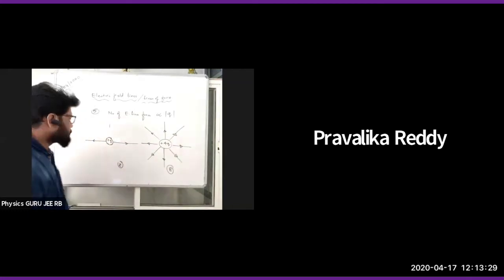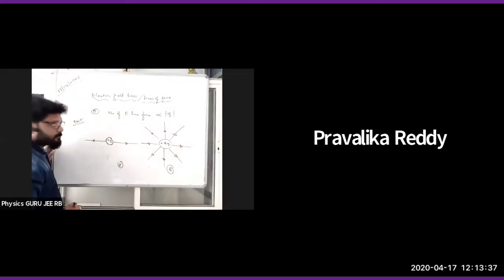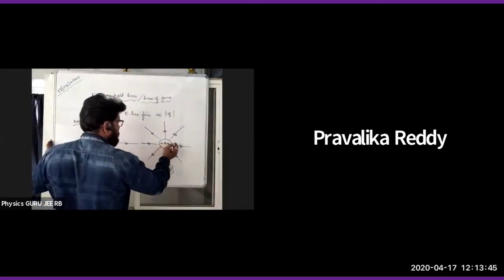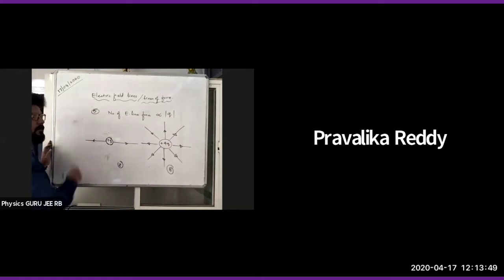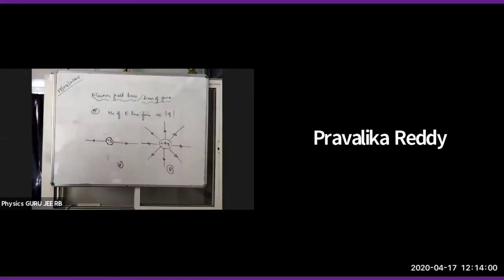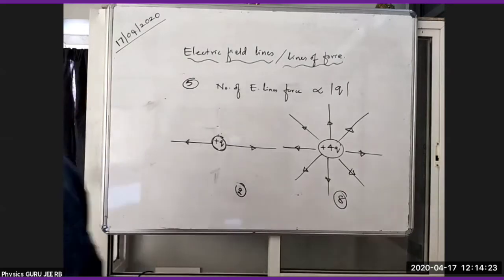Right. What is the MCET question? Here, entrance question. Same thing, right? Let us take it as Q1, and first we'll take this one. You complete this, then we will go for the question. First you complete, done, then we'll go for the question. So done. Number of electric lines is directly proportional to the magnitude of the charges. Done.